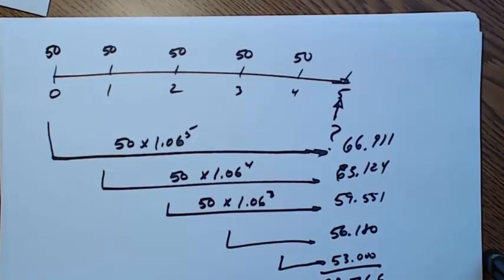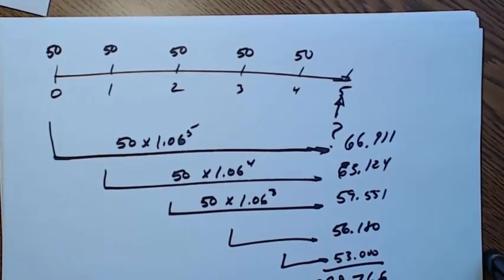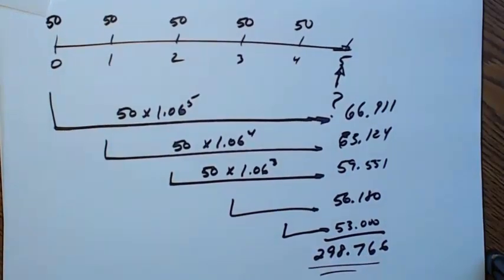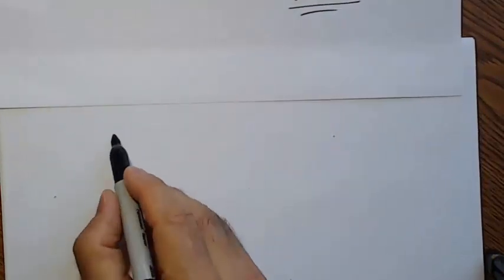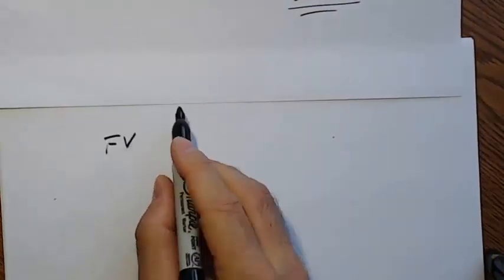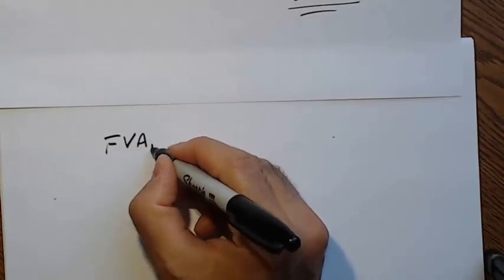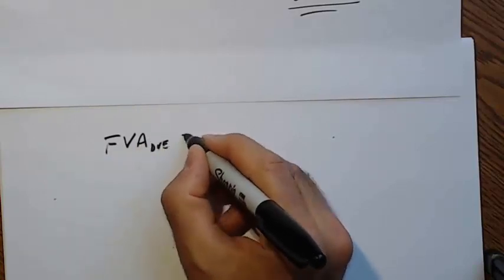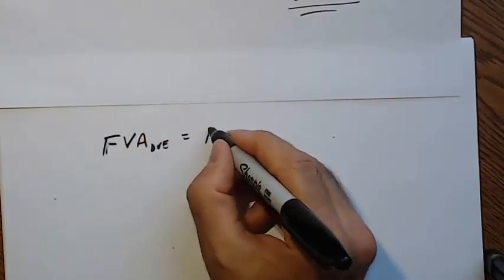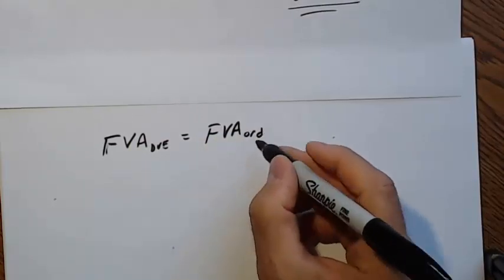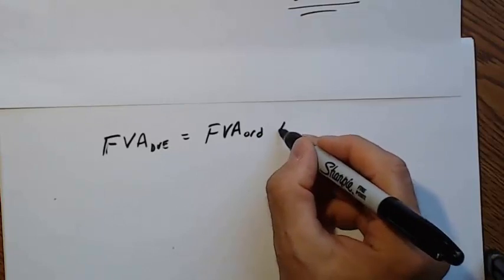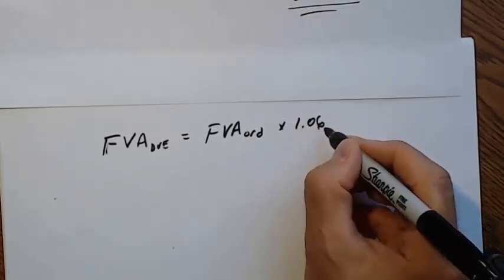Now, okay, so we're at 298 here. Let me show you how to get there mathematically through a formula. The trick is that the future value of an annuity due, which is what we're trying to calculate here, equals the future value of an ordinary annuity, which is what we did a few minutes ago, times the 1.06.